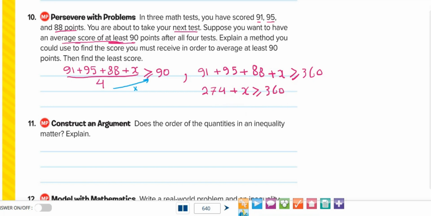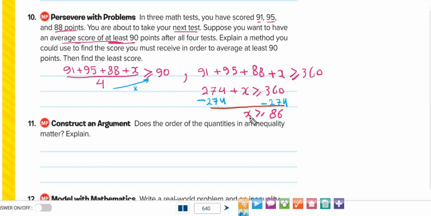Now we should subtract because it becomes an addition inequality. So subtract 274 from the left hand side, subtract 274 from the right hand side, and this should give you x greater than or equal to 360 minus this number, which is 86.